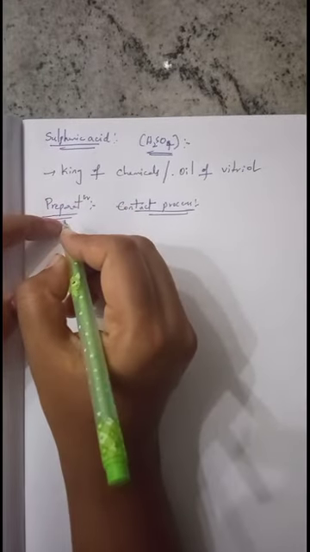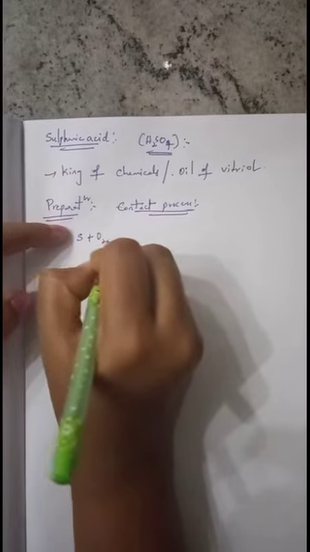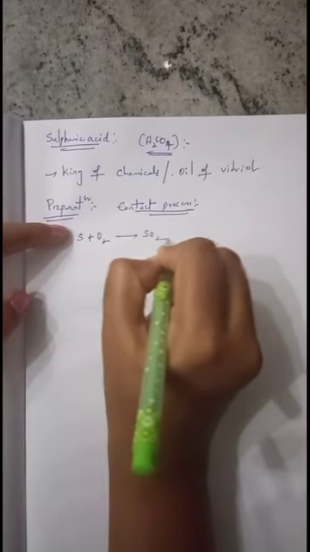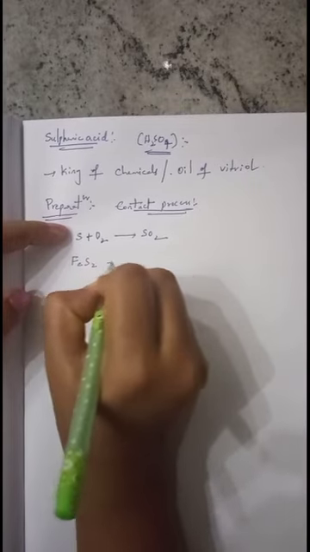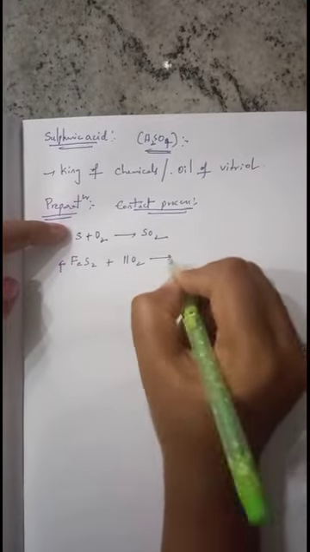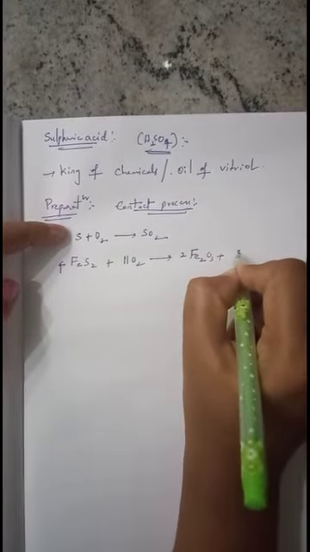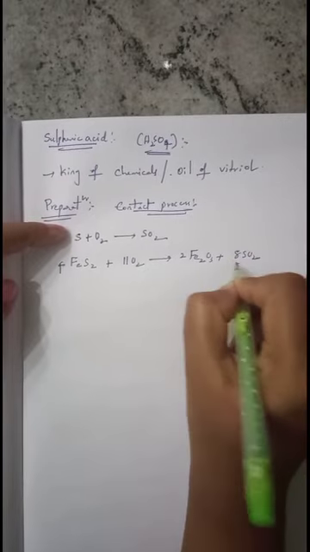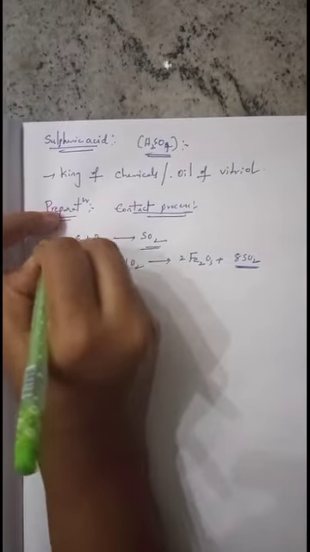In that, firstly, when sulfur is burnt with oxygen, it is converted into sulfur dioxide, or iron pyrites, when undergoing oxidation, take here 4 moles, can also be converted into iron oxide first, and sulfur dioxide is obtained. This sulfur dioxide obtained in the first step undergoes the second step.